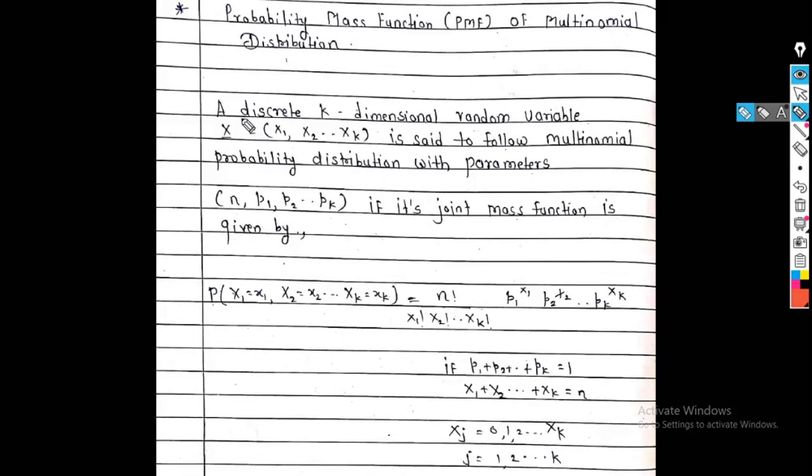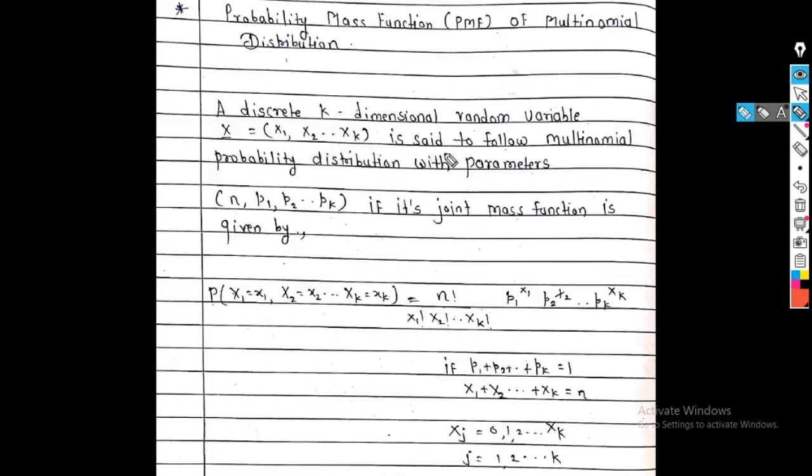The definition is: a discrete k-dimensional random variable, that is vector X equal to what? X1, X2, ... Xk. That is, vector X contains k variables which are X1, X2, ... Xk.